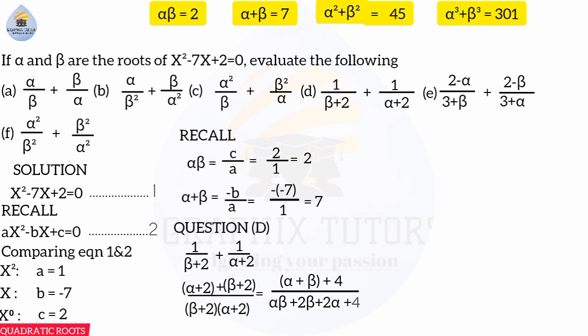So what I mean is take the first beta, multiply everything in the second bracket, take the second value which is 2, multiply everything in the second bracket, you have this. Now you collect like terms. So I'll have alpha plus beta plus 4 all over alpha beta plus, look at this now, 2 beta plus 2 alpha.